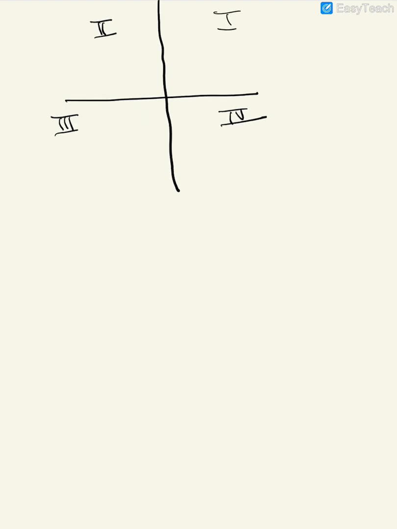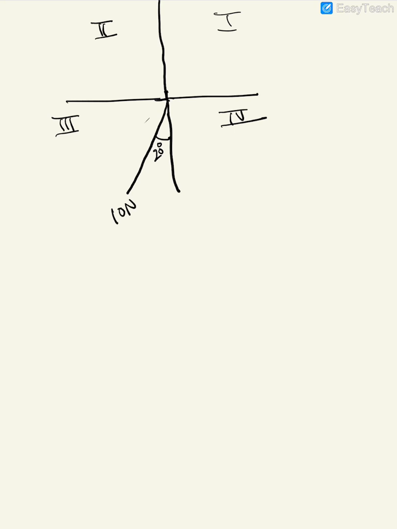And let's say there is a force here, which makes angle 20 with y-axis, and this force is of magnitude 10 newtons.